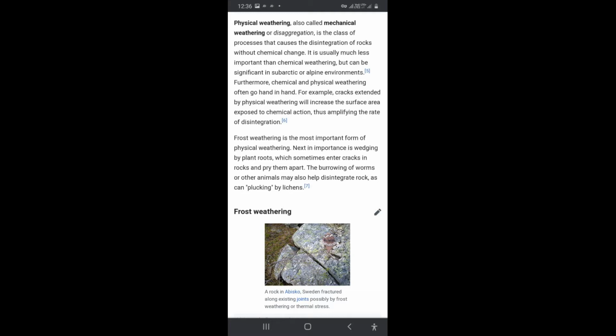So think about it, we have to understand that rocks may contain one or more minerals that are soluble in water to some extent. So when you speak of solution, you have to just think of solvent action.